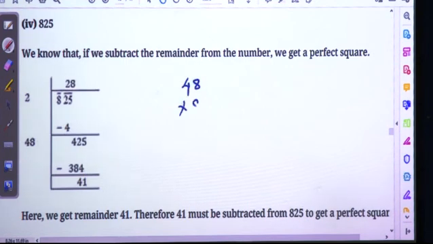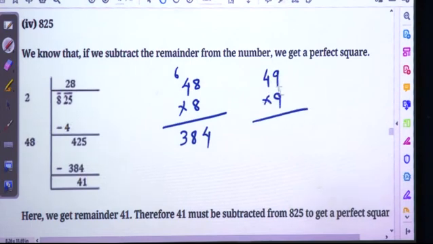48 multiplied by 8: 8 8s are 64, 8 4s are 32, 32 and 6 is 38. And what about 49 times 9? 9 9s are 81, carry 8, 9 4s are 36, 36 plus 8 is 44.